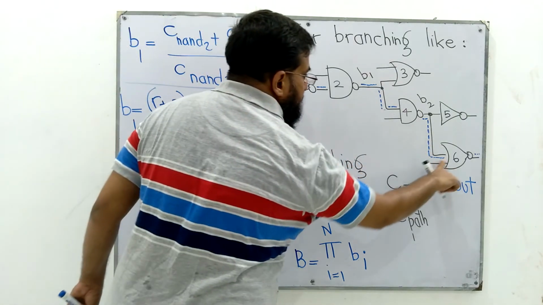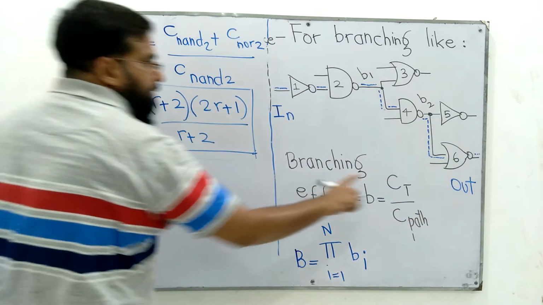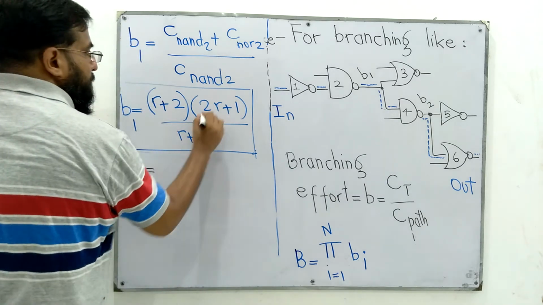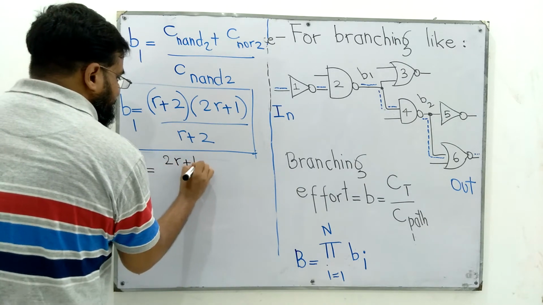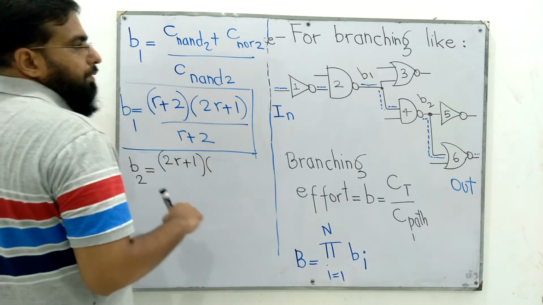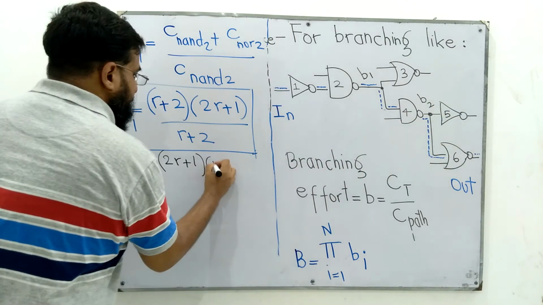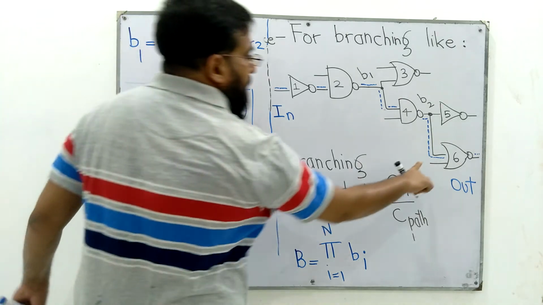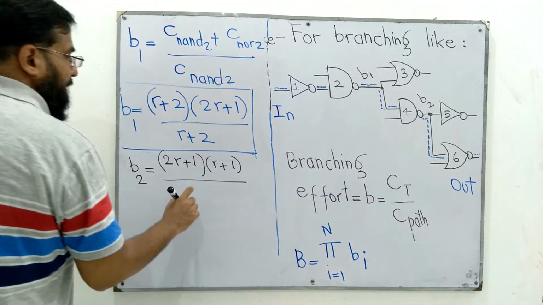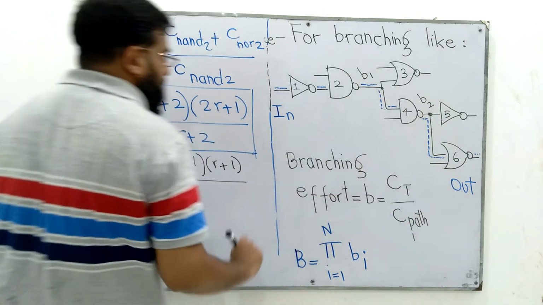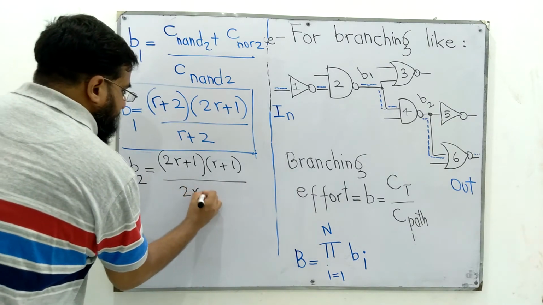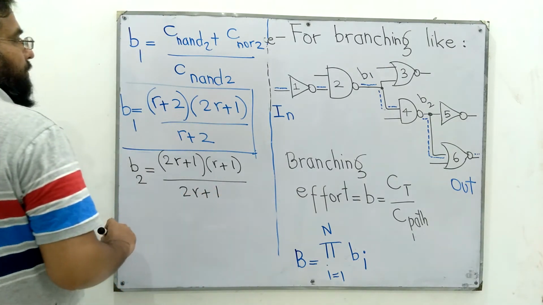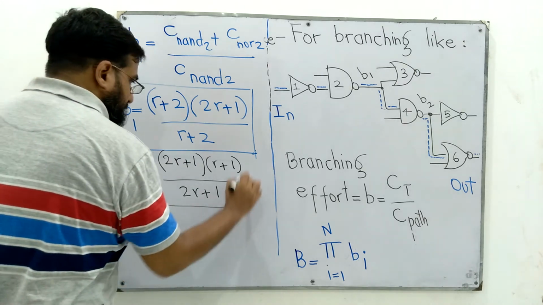The input capacitance of this 2 input NOR is 2R plus 1. The input capacitance of the standard NOT gate we already know is R plus 1, divided by the input capacitance of the gate in the path, that is the NOR gate, gate number 6, 2R plus 1. So this is how we can compute B2.